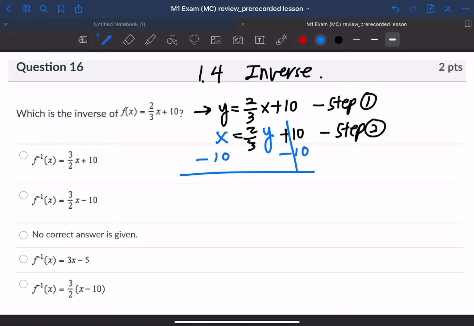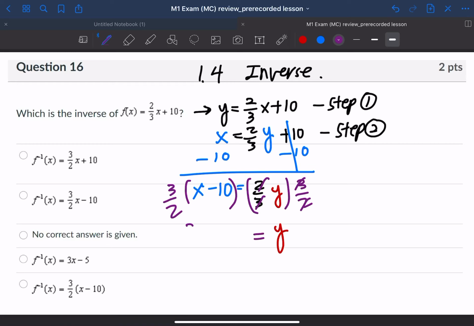So this cancels. X minus 10 equals 2/3 y. Remember, we want to get rid of fractions. What do we do? We are going to multiply everything by its reciprocal. So 2/3 reciprocal will be 3/2. So this cancels. So on the right hand side, I have a y.